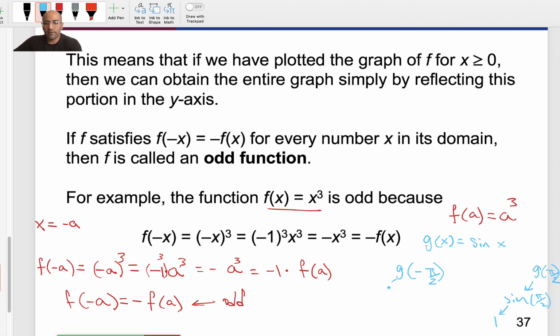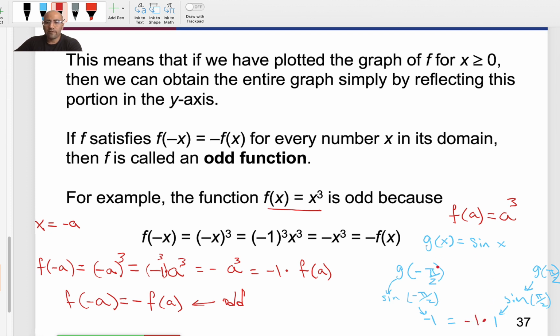And then when we evaluate sine of negative pi over 2, this gives you negative 1. So they're similar, except they're opposite signs. So in order to make them equal to each other, we introduce a new negative. Right? So we introduce this negative 1 times that, and now they equal each other.